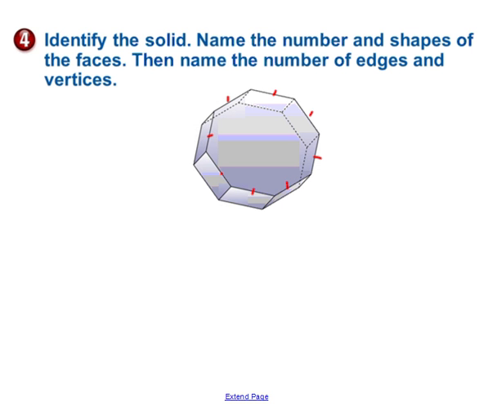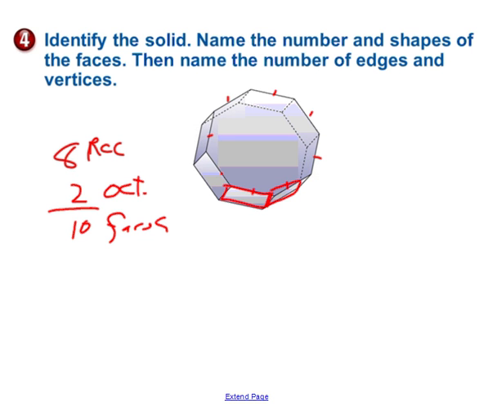So it's got 2 sides that are octagons, and then it's got 8 sides that are rectangles. 8 rectangles. 2 octagons. And so that gives me a total of 10 faces. 10 different sides.